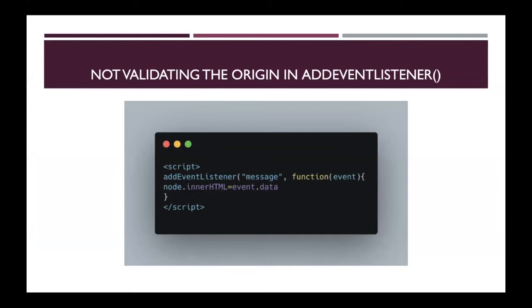The second thing: if the addEventListener function is not validating the origin, how can an attacker exploit it?